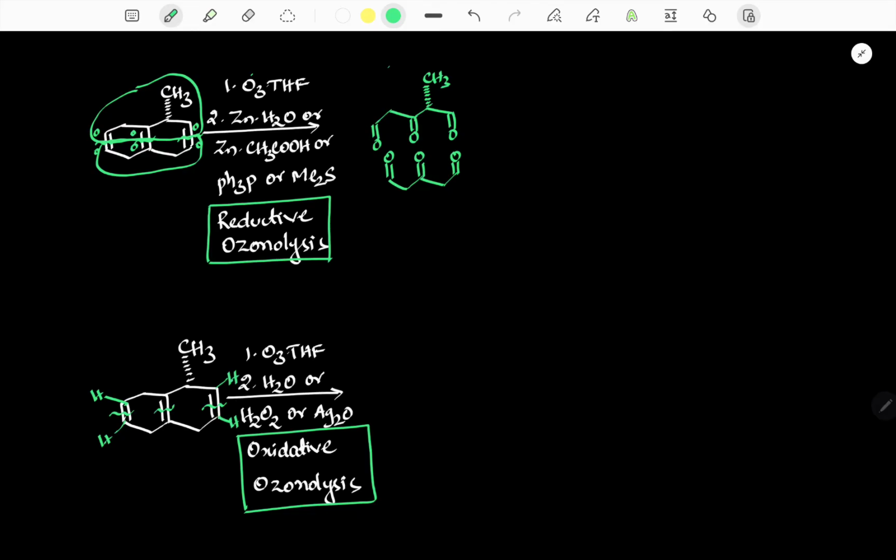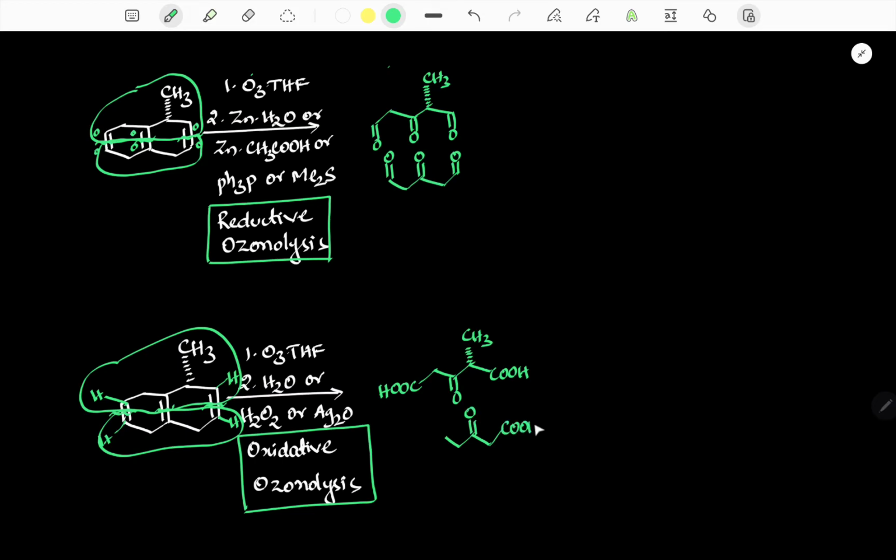Therefore, for the upper portion we can write methyl, ketone, and because of the C-H bond here we write COOH, and because of the C-H bond here we write COOH. And the bottom part we can write here C=O, because of the C-H bond here COOH, and because of the C-H bond here also COOH.